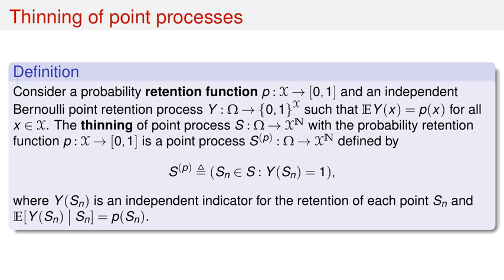Also imagine an independent Bernoulli point retention process Y mapping from Omega to the set {0,1} raised to X, such that the expectation of Y(x) is p(x) for all x in X. The thinning of a point process S with this probability retention function p is a new point process S^p defined as the set of points S_n from S for which Y(S_n) equals 1.